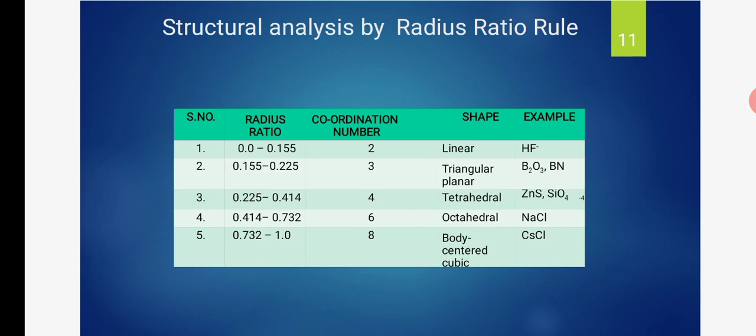Next, 0.225 to 0.414, coordination number is 4, shape is tetrahedral. 0.414 to 0.732, coordination number is 6, shape is octahedral. Next, 0.732 to 1, coordination number is 8, body centered cube. Cesium chloride is the example.